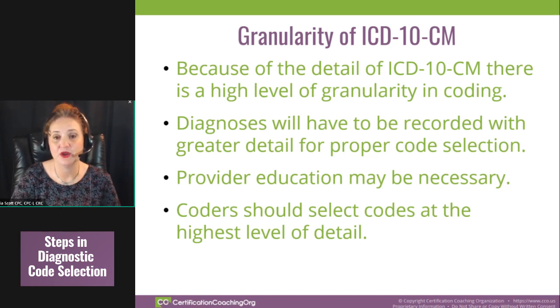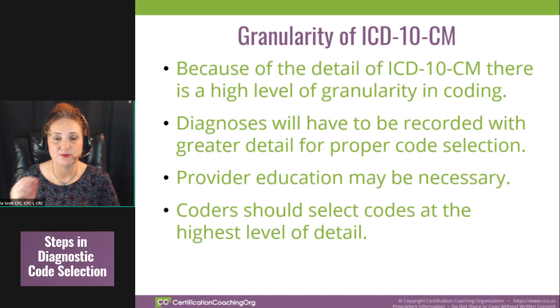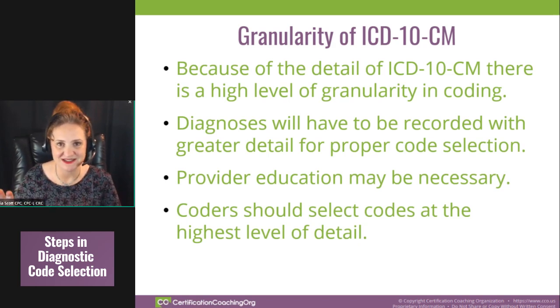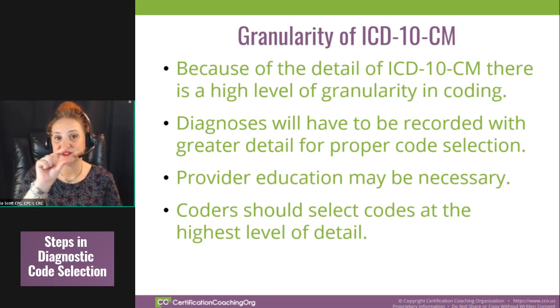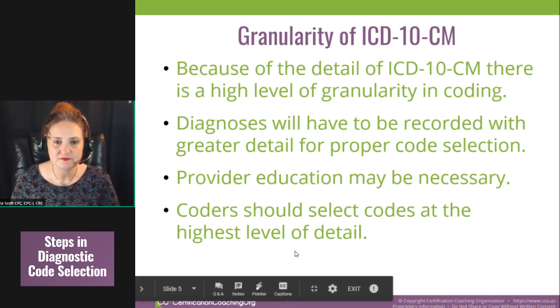They're having to pre-code things before it gets to us, and we end up auditing it and making sure they picked the right code. However, sometimes they're picking the code, but the documentation is not there. So we want to make it easy for them and give them those key words in the documentation. They say, oh, this word separates this code from this code and then this code. Oh, okay, I understand.